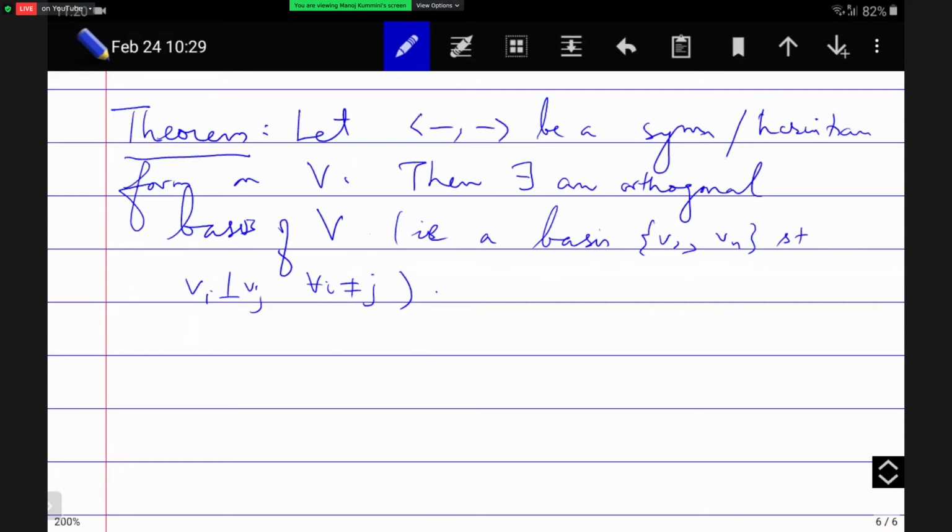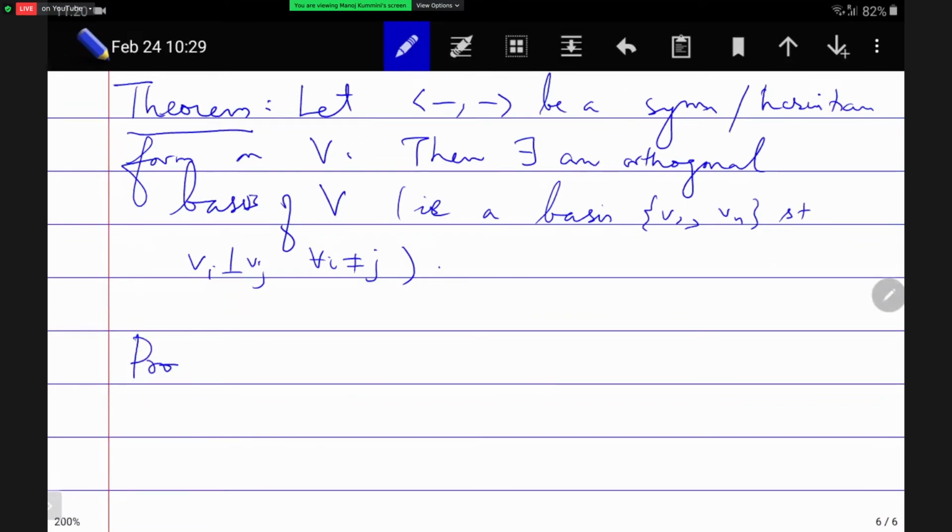So we will prove this. We would like to use the previous lemma, which is that if we have a form that is not identically zero, then there is a vector whose product with itself is non-zero. But of course, we can do that only if we know the form is not identically zero, so we need to rule out that case first. Case one: the form is identically zero.